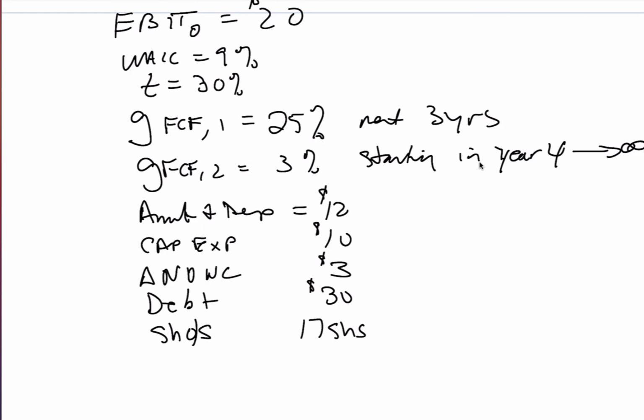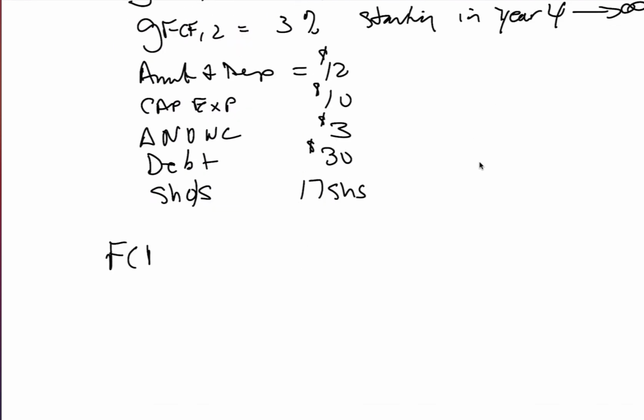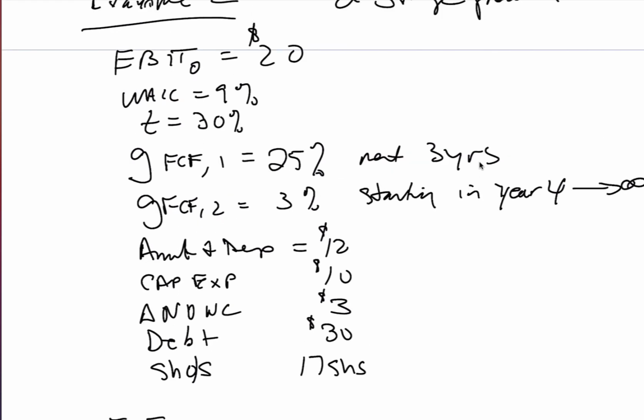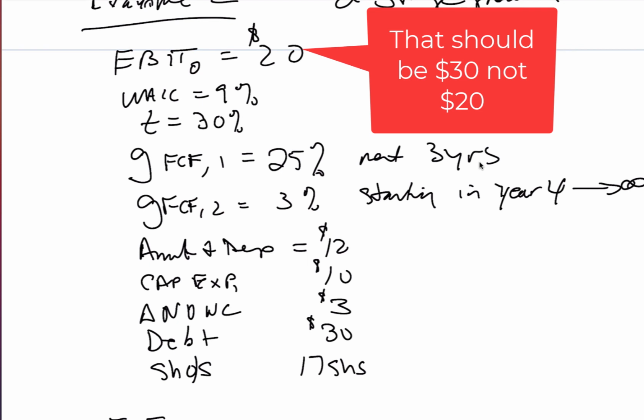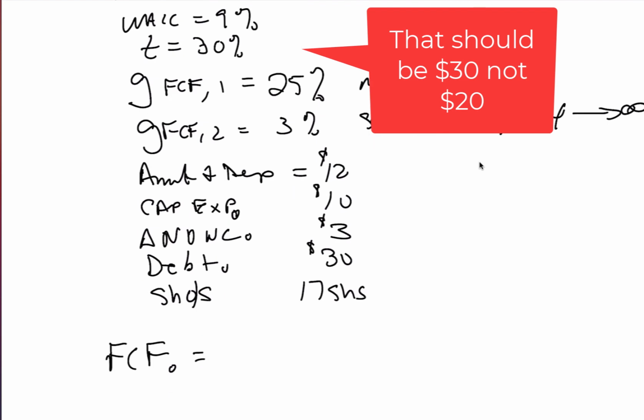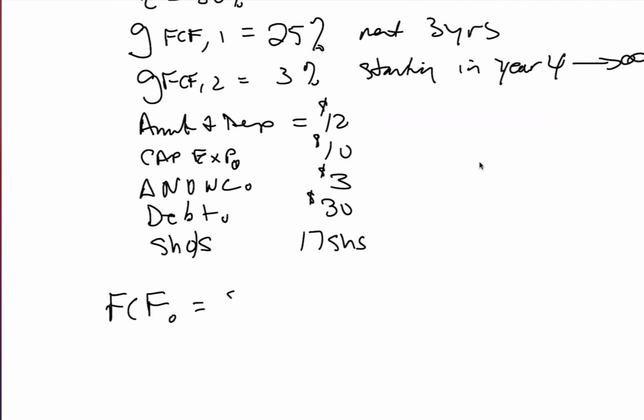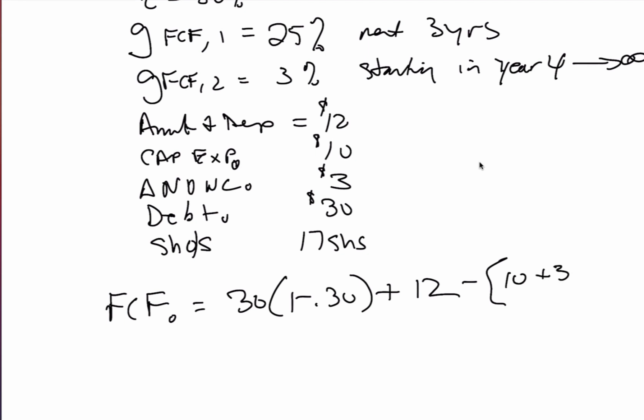So our free cash flow at time 0, because everything is given at time 0. You can put little subscript 0 here, everything in zeros. And so free cash flow is going to be 30 times 1 minus the 30% tax rate plus the 12 in amortization and depreciation minus the $10 in CapEx plus the $3 in the change in net working capital, and we get $20 in free cash flow.